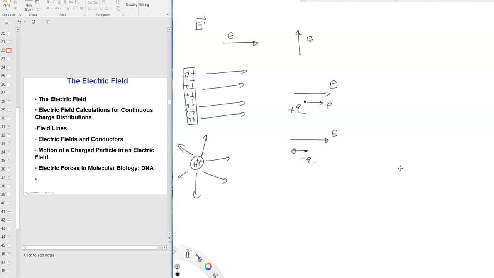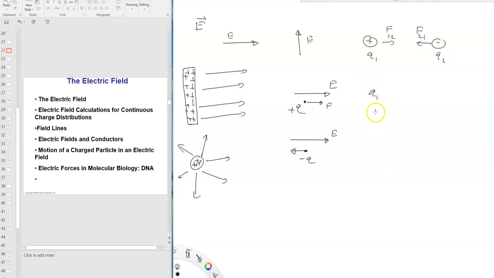Now we can relate this to our previous examples, force between two charges. Here we have a positive charge, here's a negative charge. We know the force is towards each other. Let's say this is charge 1, charge 2, this is F12, this is F21. Now let's think about it in terms of electric fields.